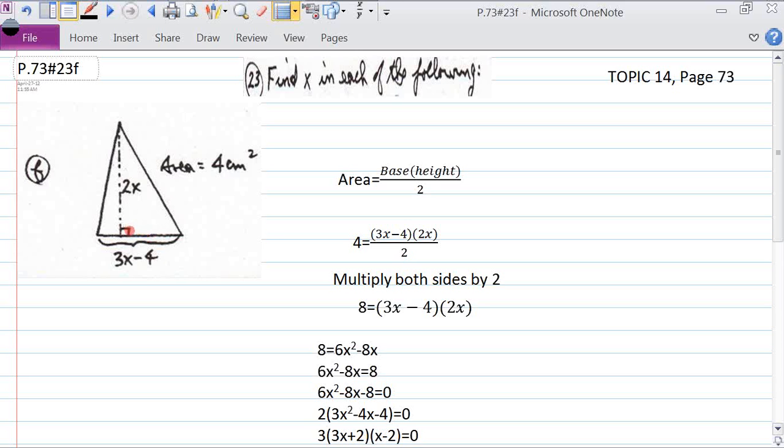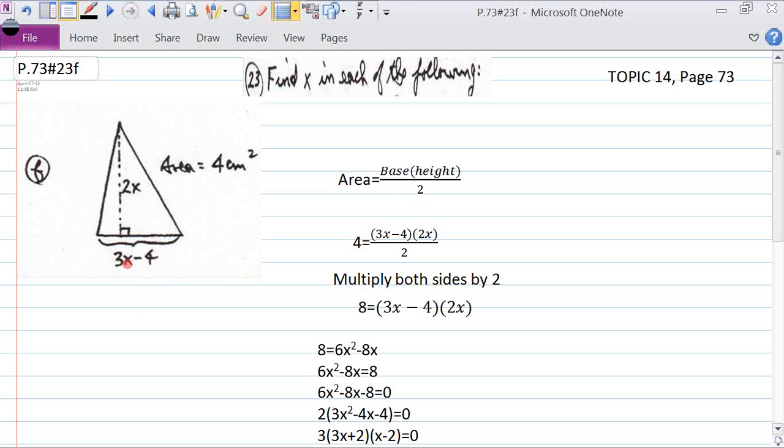This represents 90 degrees, so we know that this is the height or the altitude, and we know the total area. Now the area of a triangle is the base times the height over 2, or sometimes we say half the base times the height. But if we say a half, we're really putting a 2 here.